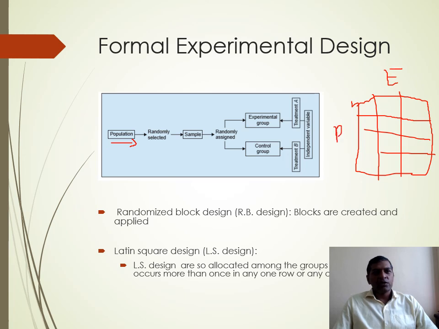So say group 1, 2, and so on, and the experimentation row-wise. Each row will get each experimentation, and that will be observed or accounted for in the Latin square design method.